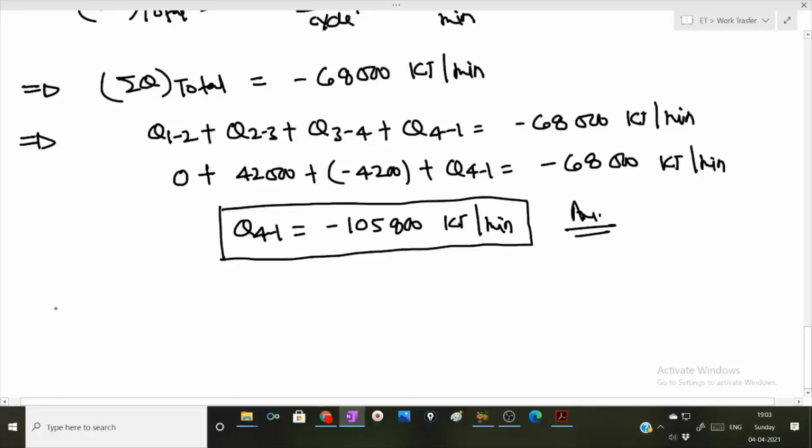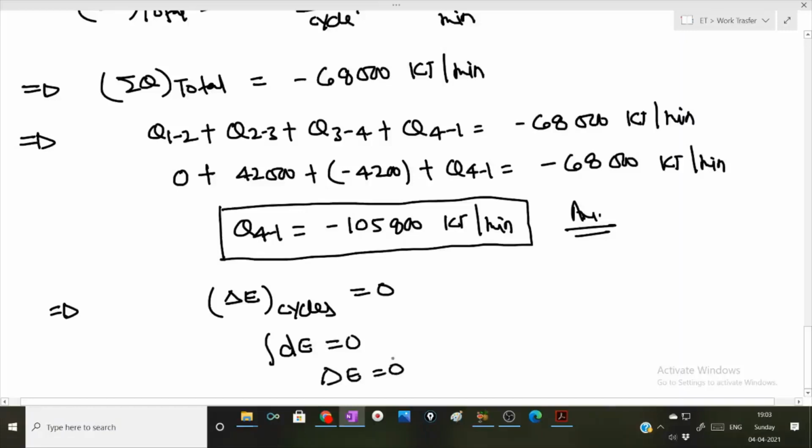Now next one is the net change in internal energy during the cycles, which will be equal to 0, because the cyclic integral of dE is equal to 0, or delta E is equal to 0. Why am I saying so?